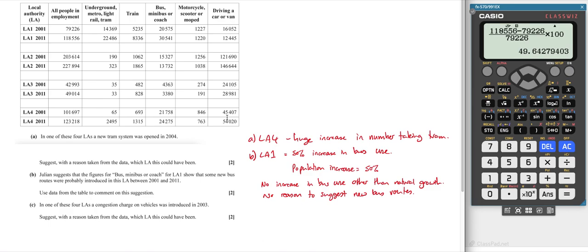And 4, we increase. So this is probably LA1, and that has a decrease in the number of car drivers.